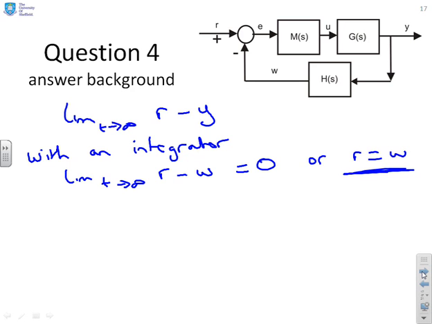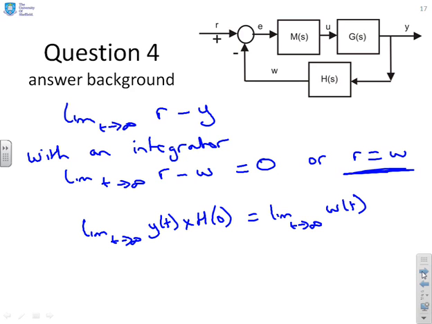And we also know that the limit as t goes to infinity of y(t) times H(0) equals the limit as t goes to infinity of w(t). So what does this give us?